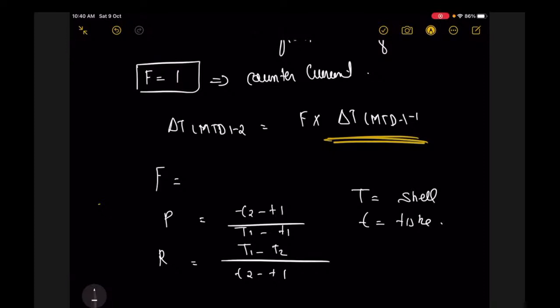After calculating the P and R values, there are different graphs given in the literature.